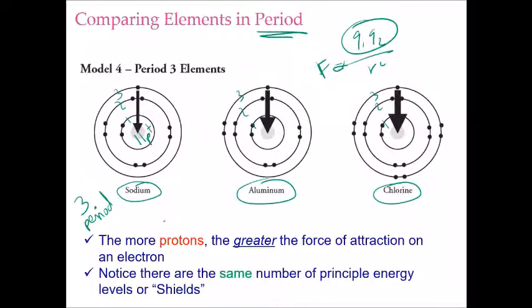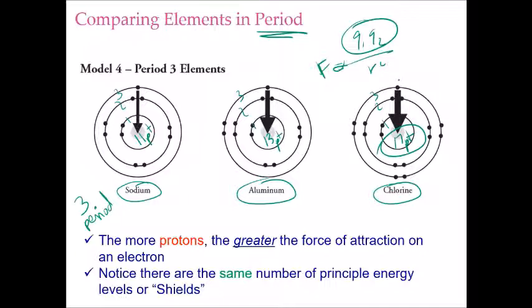Sodium has 11 protons. It's number 11 on the periodic table. Aluminum has 13. It's number 13 on the periodic table. And chlorine has 17. It's number 17 on the periodic table. So which one has a higher magnitude of charge? That's going to be your chlorine. 17 protons. That's 4 more protons than aluminum.